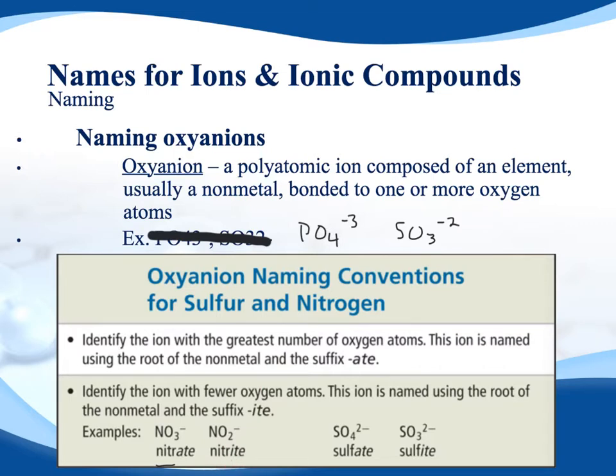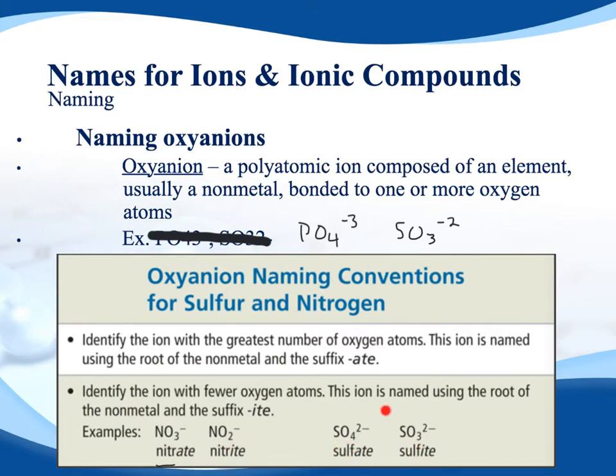If we look at the SO4 -2 and SO3 -2 ions, notice they don't have the same number of oxygens as the nitrate and nitrite on the left side. Nitrate has 3, nitrite has 2 oxygens, sulfate has 4, sulfite has 3.